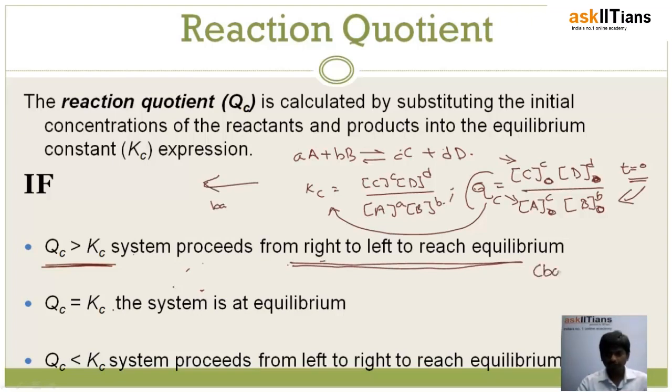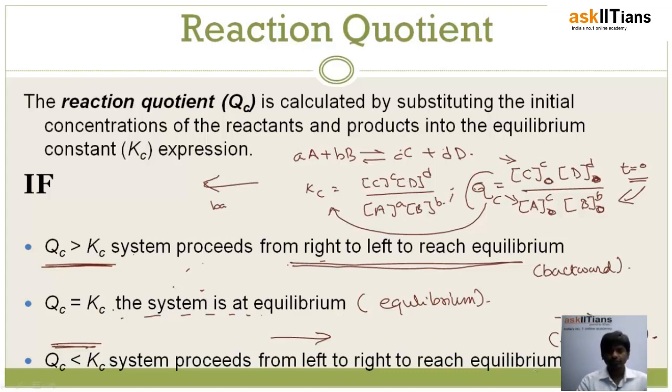So I will write it here, backward direction. If it is equal, it means that it is at equilibrium. Now if it is less than Kc, it means it will proceed from left to right, which means in the forward direction, meaning products will be favored in this case.